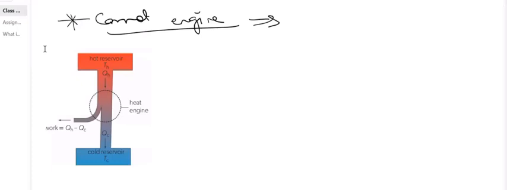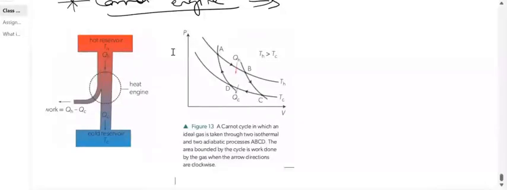Not an issue. So when it is going from A to B, you can see pressure and volume. The pressure is decreasing and the volume is increasing, isn't it? So which process is it? Isothermal or isobaric or iso what?